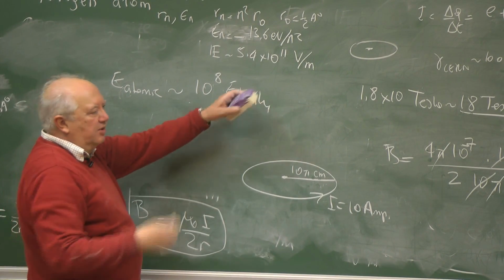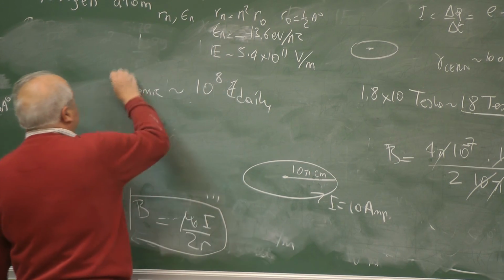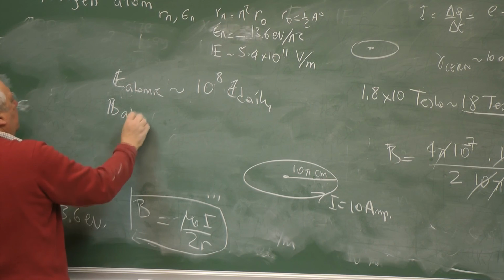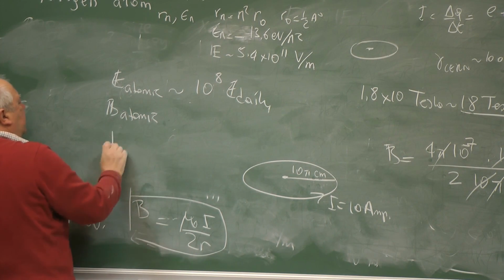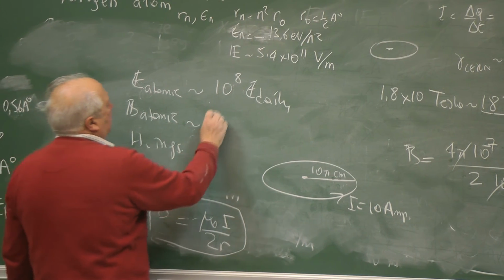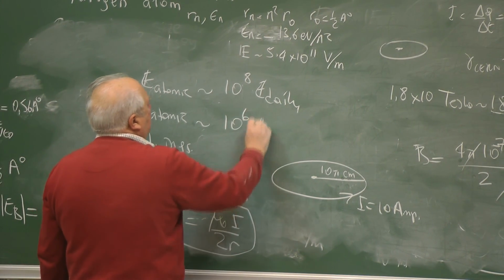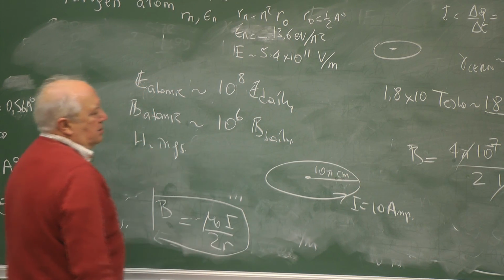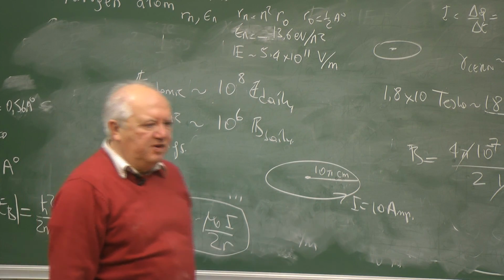By daily, I mean in your daily life. These are the electric fields, not energy. And B atomic, by atomic I mean hydrogen in ground state, is like 10 to the 6 times B daily. So these are enormous fields.